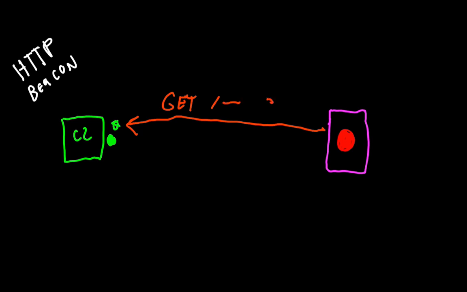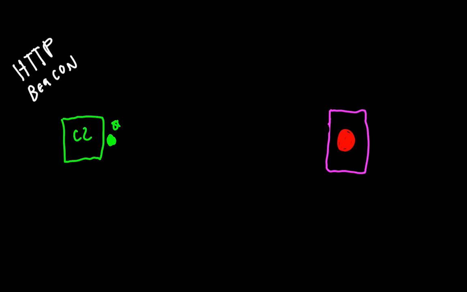And in that GET request, it's asking Cobalt Strike, its controller, do you have anything for me to do? And Cobalt Strike may respond and say, no, I don't. In which case, the HTTP beacon payload will go back to sleep for whatever time period is configured in the payload profile.